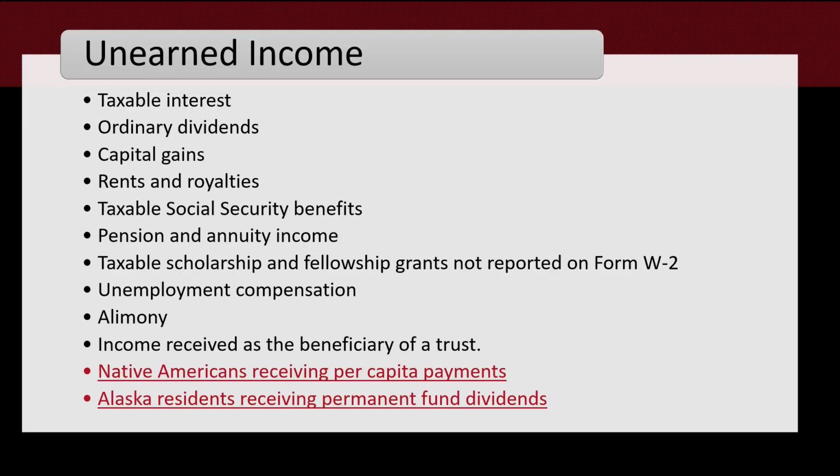And just to review, unearned income as opposed to earned income is things like taxable interest, ordinary dividends, capital gains, rents and royalties. Social Security benefits that are taxable would be considered unearned income. Pensions and annuities, taxable scholarships and fellowship grants that aren't reported on a W-2. If they are on a W-2, they would be considered earned income, but if they aren't reported on the W-2, then they would be considered unearned.